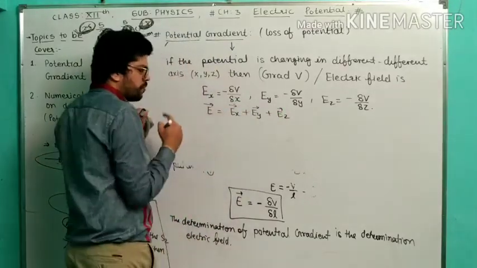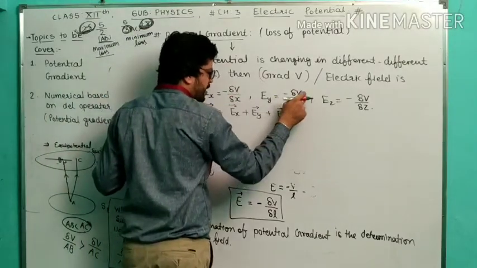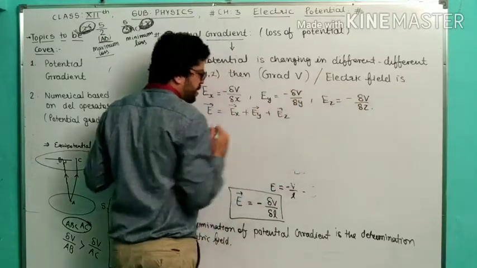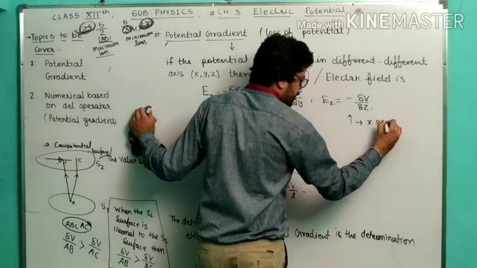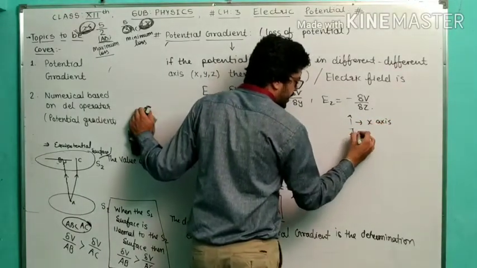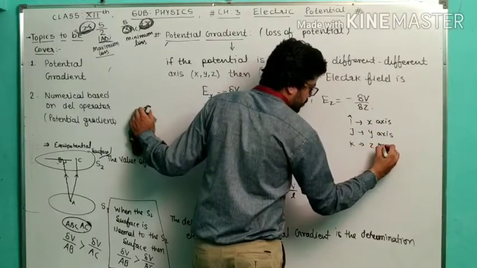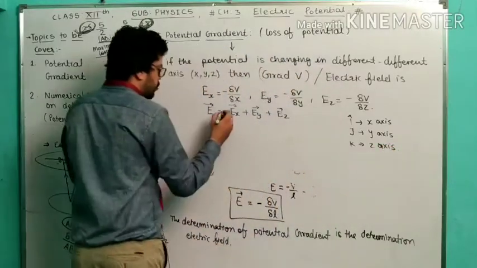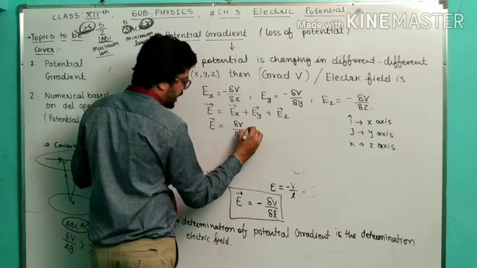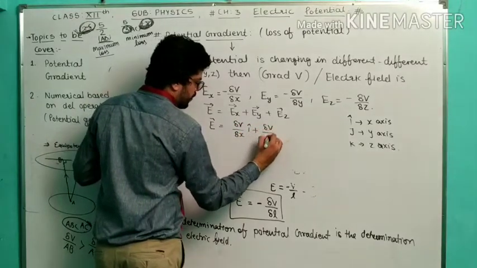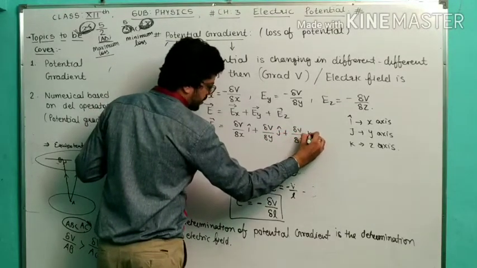When we represent vector direction, the X axis is taken as I, the Y axis as J, and the Z axis as K. So in I, J, K format, I represents the X axis, J represents the Y axis and K represents the Z axis. So let's write E equals del V upon del X I cap, del V upon del Y J cap, and del V upon del Z K cap.